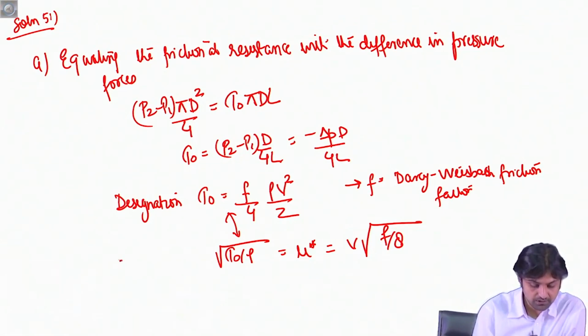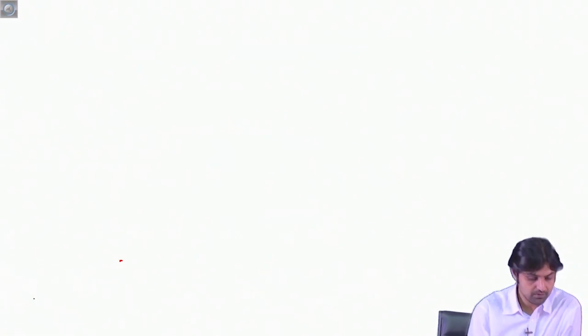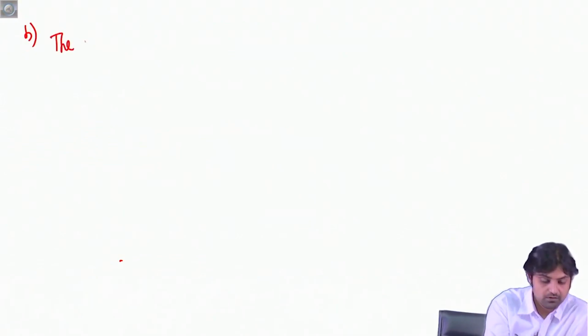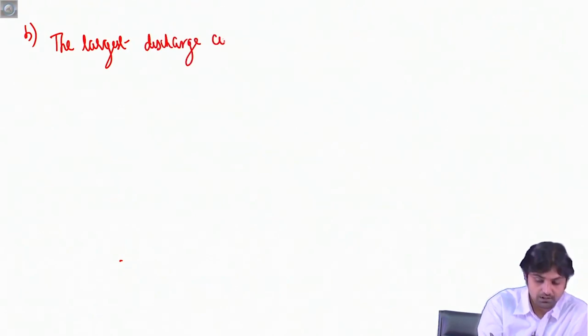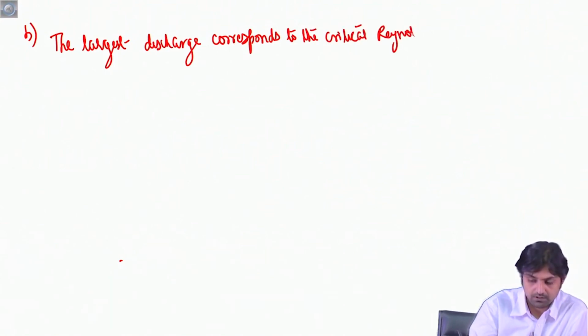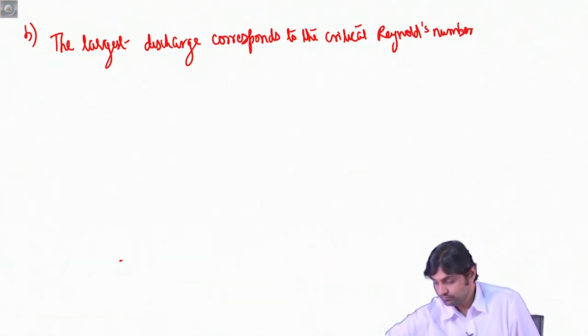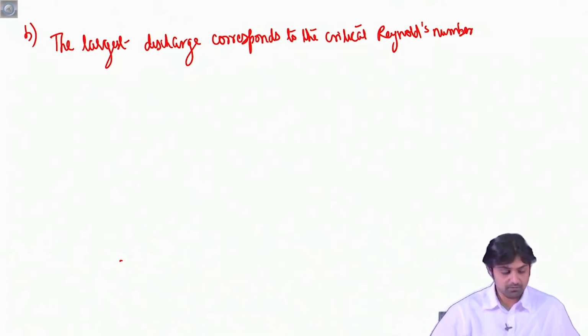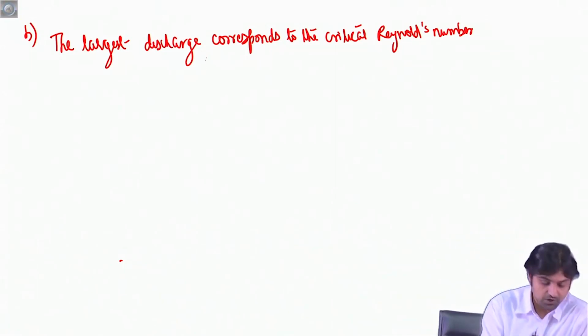Now starting with the second part, B. The largest discharge corresponds to the critical Reynolds number, which for laminar flow can be maximum 2000.